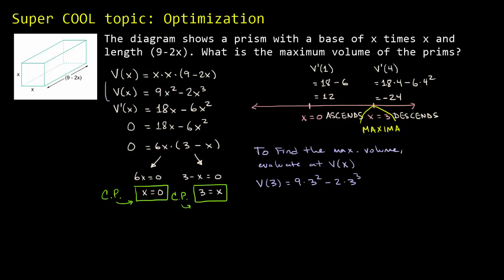I'm evaluating V of x to find the actual maximum possible volume. 3 squared would be 9, so 9 times 9 is 81. 2 times 3 cubed would be 54. So this produces 81 minus 54. So at the end, V of 3 makes 27.